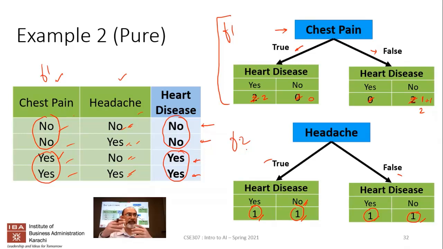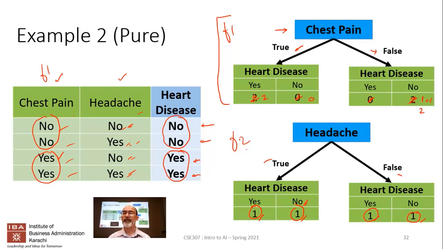This is a step-by-step process. I'm just explaining what the steps are to come to a decision tree. I haven't told you what the decision tree is, but I'm simply telling you the steps. First step is you look at feature 1 and make this table, this part of a tree, and then you look at feature 2 and make this table over here.